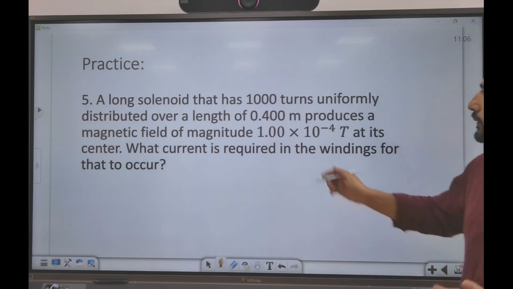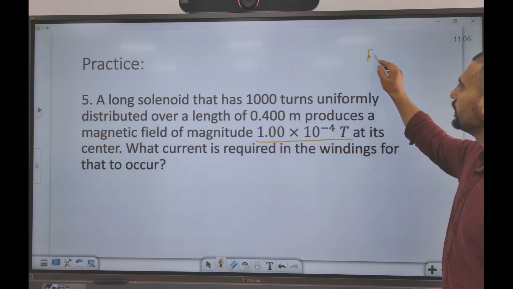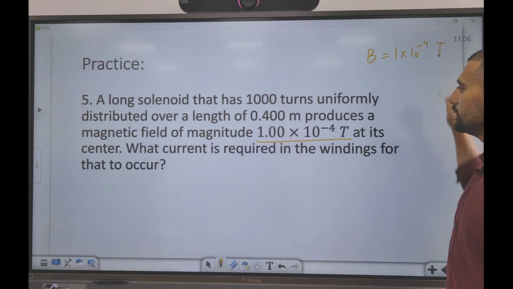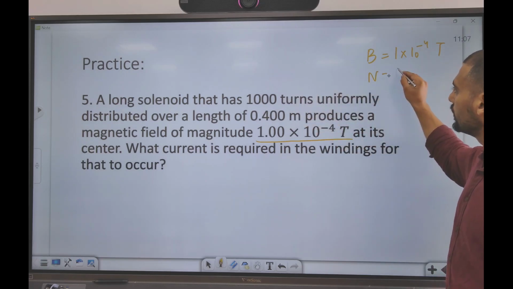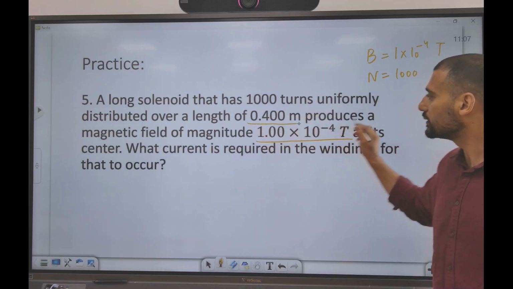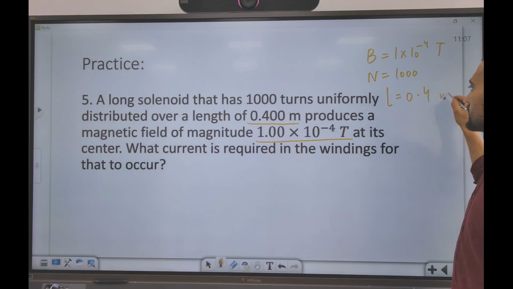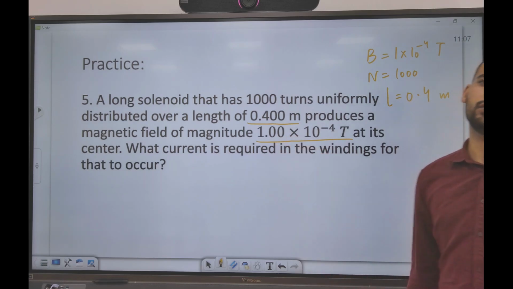The magnetic field? 1 into 10 to the power negative 4 Tesla. We have capital N, very good. And then the lowercase n as well. No, we have the length. Yeah, 0.4 meters. Okay. The question is, what is the current required in the winding for this to occur?